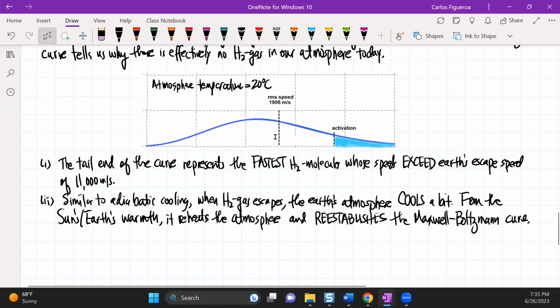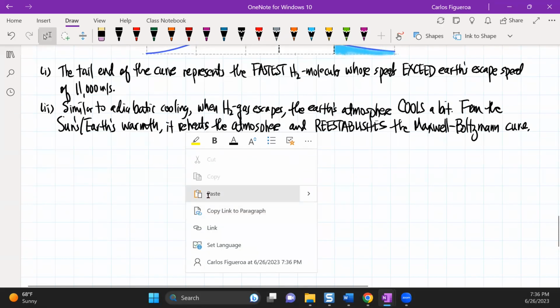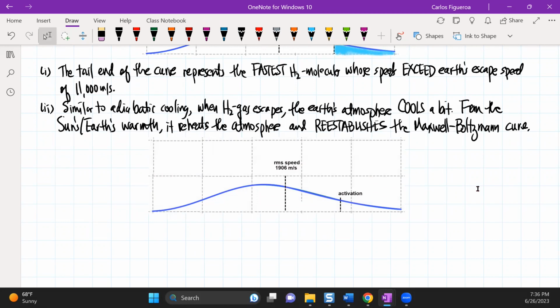But it's more complicated. So let me take the same curve that I just did. So here's what happens. Now note, I'm going to lie a little bit. This is what we call a little bit of a white lie. So if particles escape, what actually happens? Well, there's less particles.